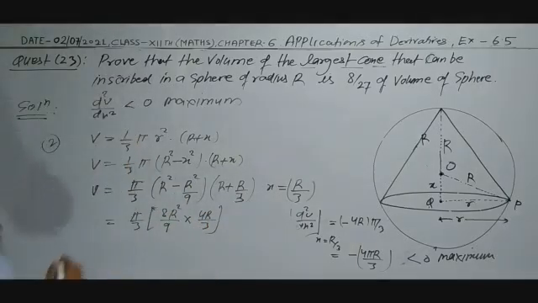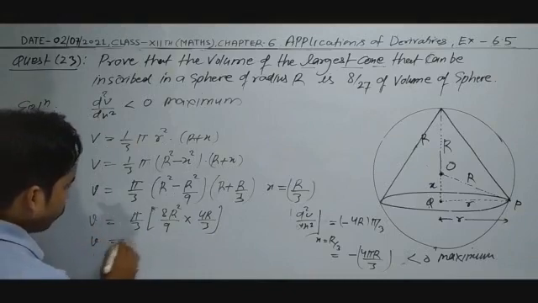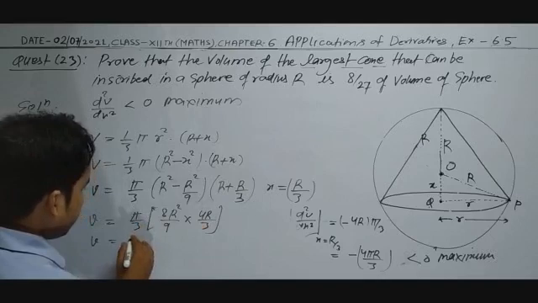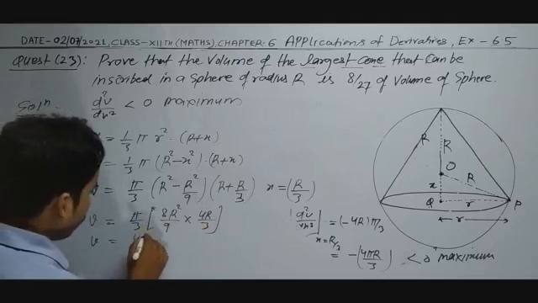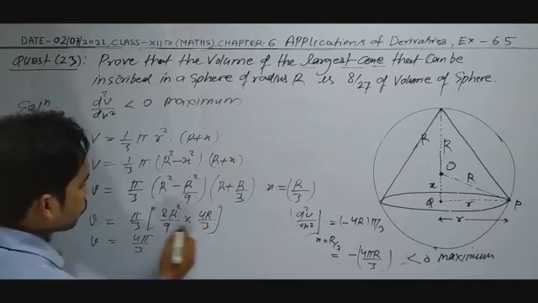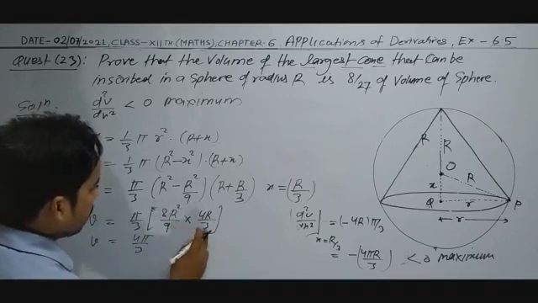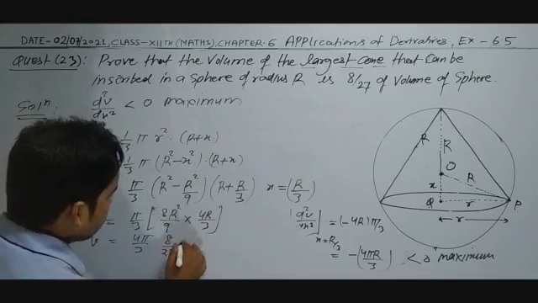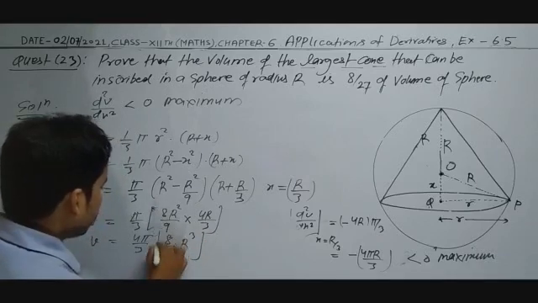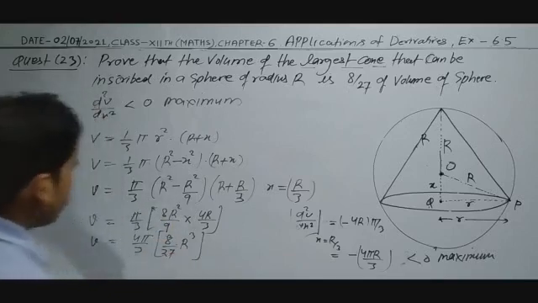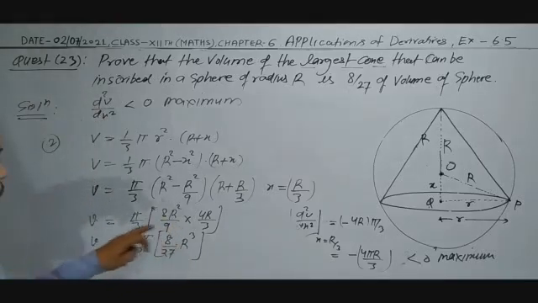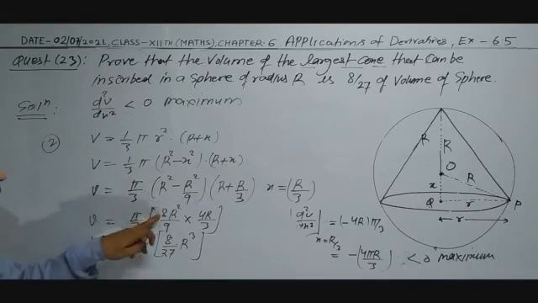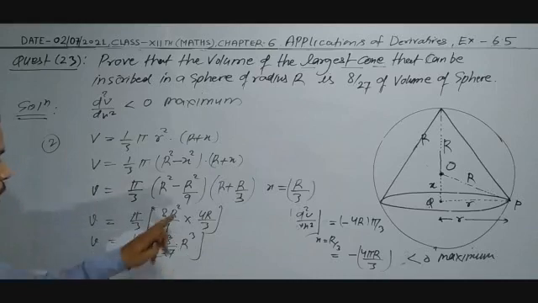So v is equal to 4r cube, that is 4 pi by 3 with 8 by 27 of r cube. This can be written with the 4 outside the bracket, 4 pi by 3, and 8 is the same, 9 threes are 27, and r cube.